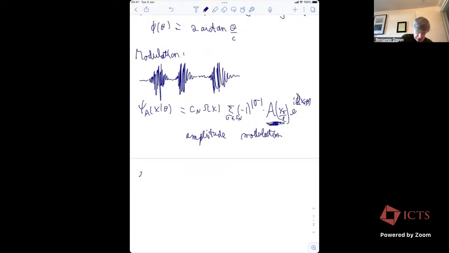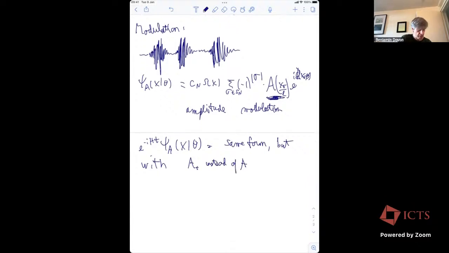The result is that e to the minus i H t acting on this psi_A, as a function of x and theta, has the same form, but with a different amplitude, A_t instead of A. This different amplitude A_t of all these x's is A at x_t over L, so some evolved coordinate, still at large scale.